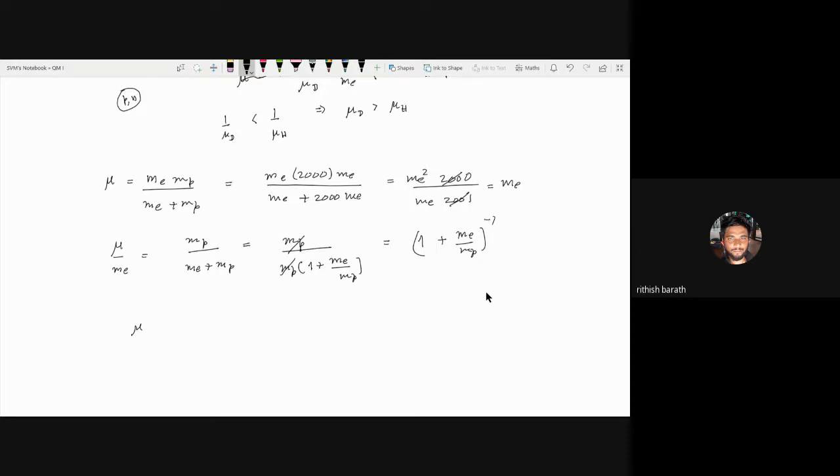So mu is equal to me into 1 minus me by mp. I will keep the first term in this binomial expansion. So mu is roughly equal to this. But this itself is very small, and hence, I think this is the correct expression. Yes, sir.